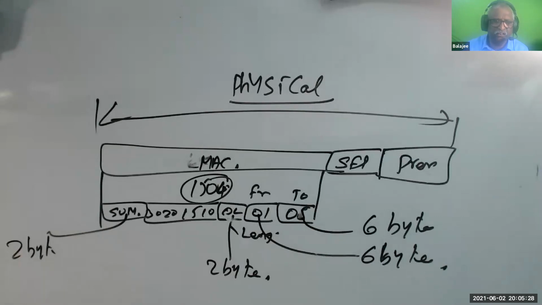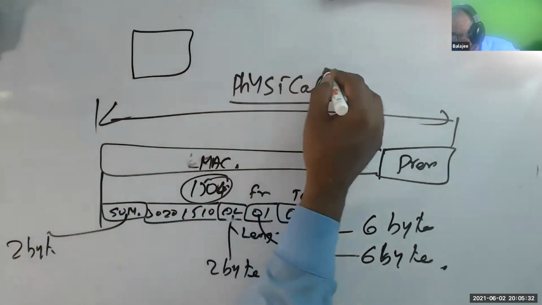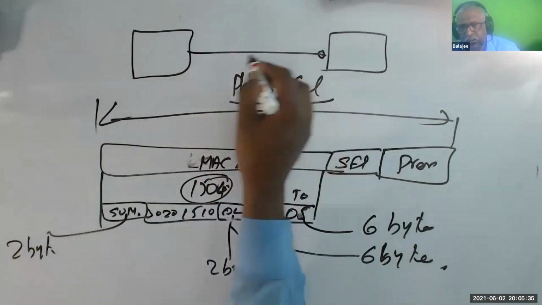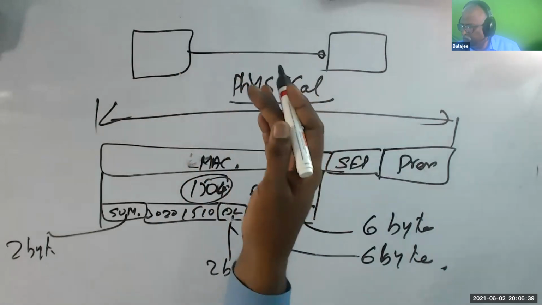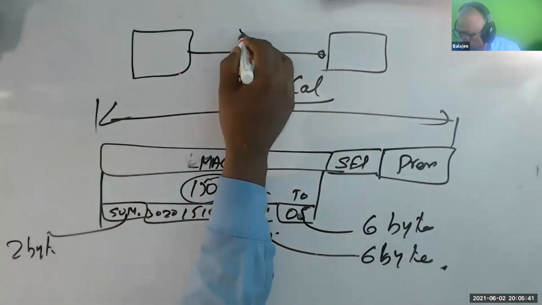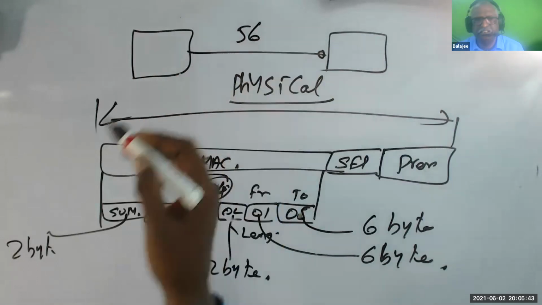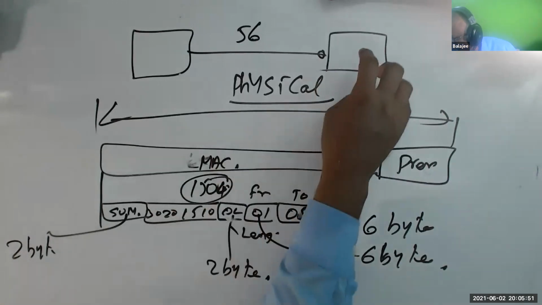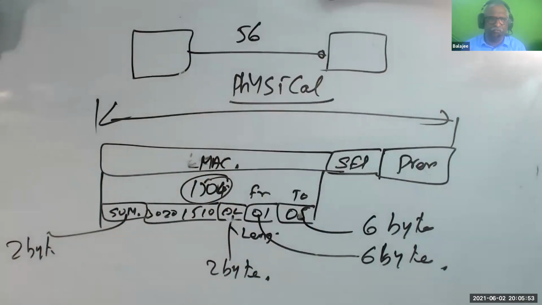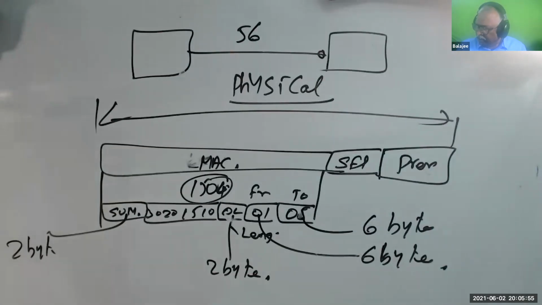I told you that the clock, both sides, A to B. This guy is sending initially a clock of about 56 bits, that is 7 bytes. Within the clock, they synchronize. But unfortunately, during transmission for a long time, the clock at both places could drift. So it is not admissible to send beyond that.